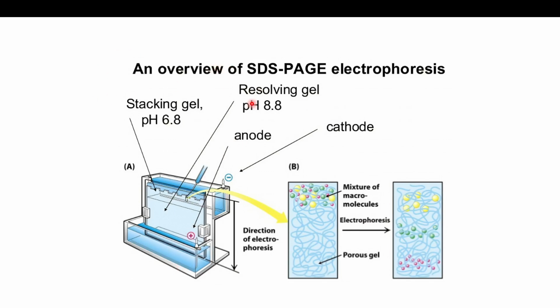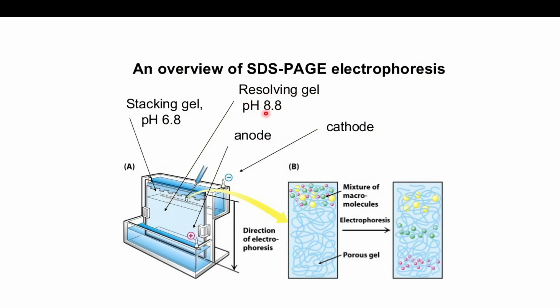Now this is something we discussed in a lot of detail in a few tutorial sessions back. Again, we can briefly go through it, which is an overview of SDS-PAGE electrophoresis. It has two types of gels: the stacking gel and the resolving gel.